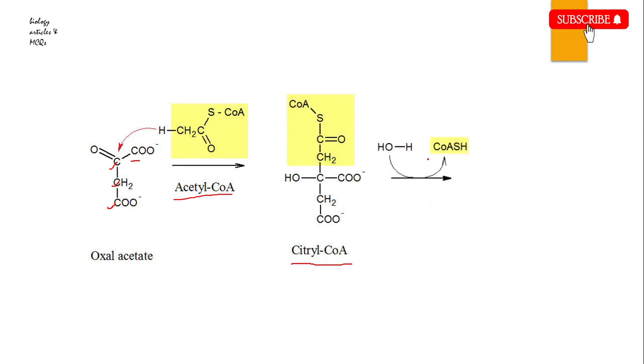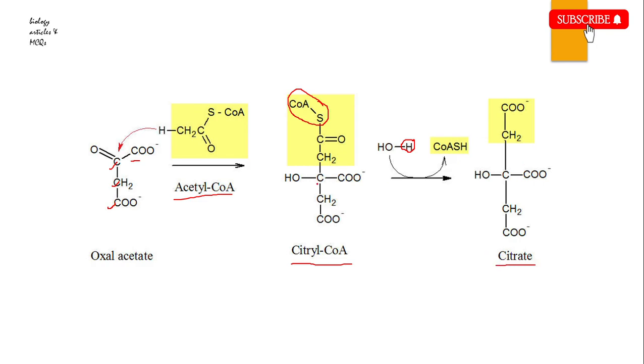Now this CoASH will be removed from the citryl CoA, and a hydrogen will also attach to the CoA, and this hydrogen comes from water, converting it into the CoASH molecule, and the citryl CoA will convert into the final product of step 1, that is citrate.